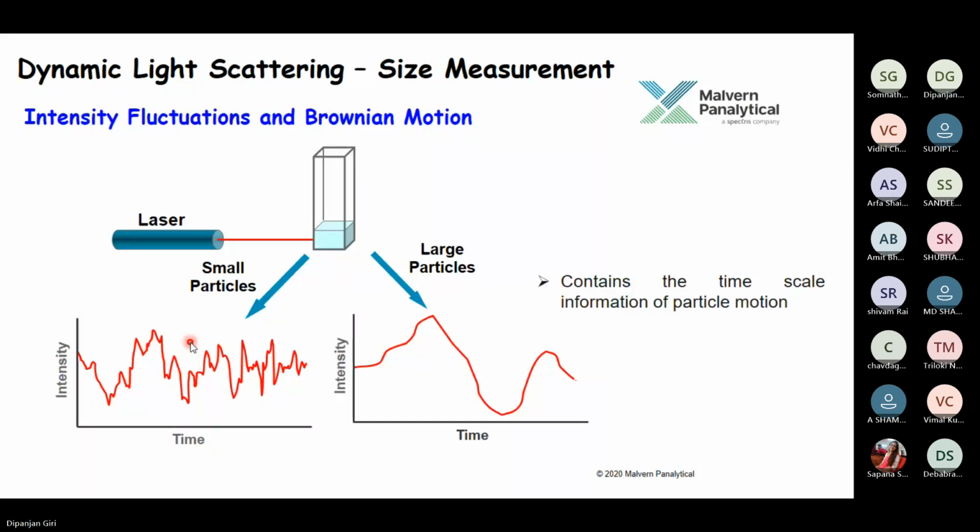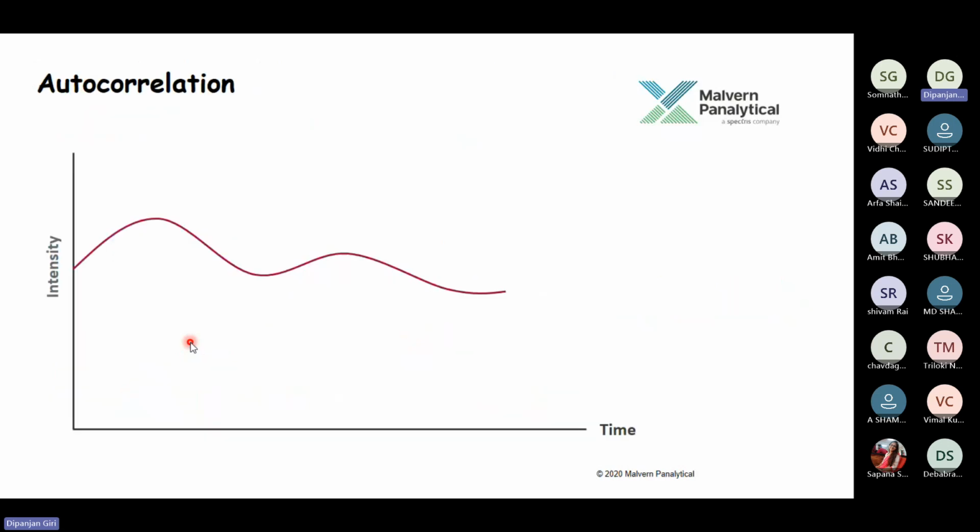Now, the intensity fluctuations contain time scale information of particle motion, and from this information you can derive D, the translation diffusion coefficient, and then use it in the Stokes-Einstein equation to get the particle size.